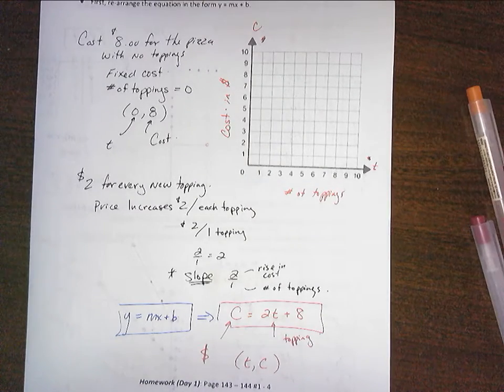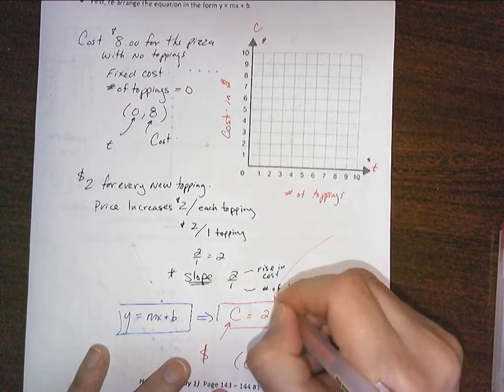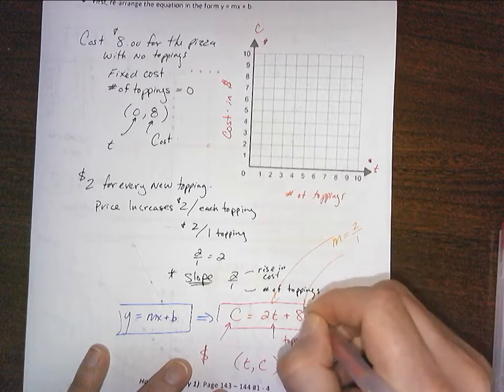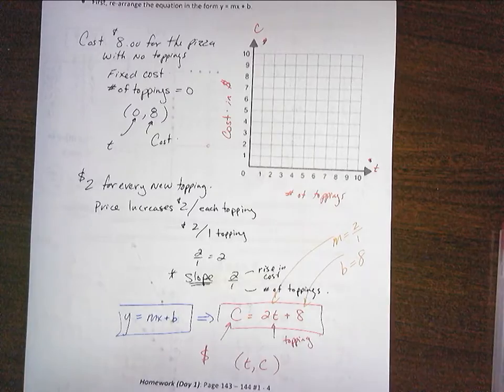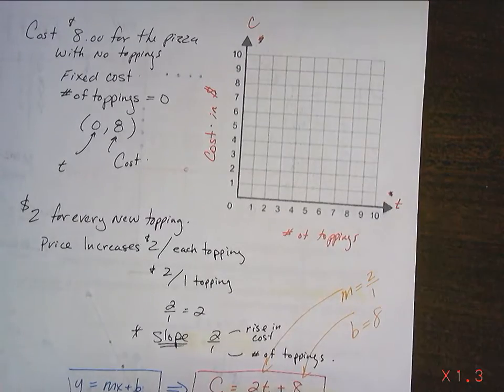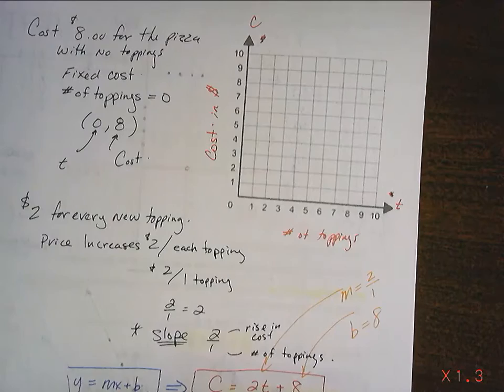And if I want to graph this not using a table of values, well, what I can do is I can say that my slope is 2 over 1, my b value is 8, and using what I've taught you just moments earlier, I go to this point 0, 8. Oh, and my scale is going to be lousy again, isn't it?